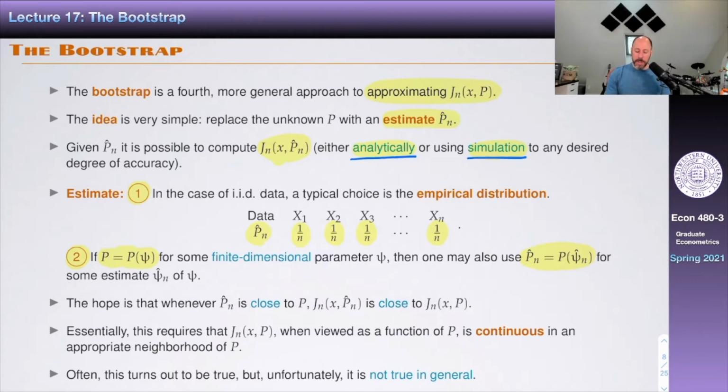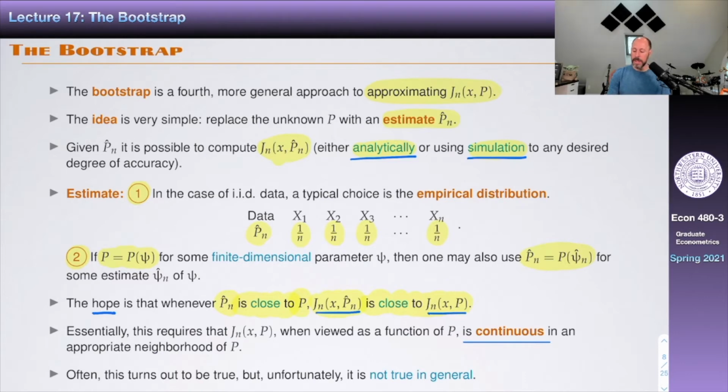Regardless of whether you go with 1 or 2, the hope is that whenever the distribution P hat is close to P, meaning whenever you have a good estimator of the distribution of the data, the sampling distribution at P hat is close to the sampling distribution at P. So if P hat is really similar to P, the hope, and I wrote hope, is that this distribution is similar to this one, which is at the end of the day what we want. If you view this object as a function of P, it requires this distribution to be continuous in a certain sense.